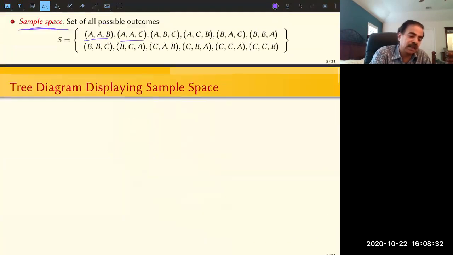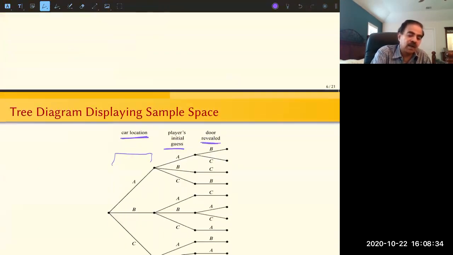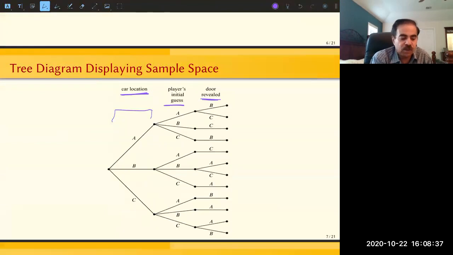So again, there are three variables here, and we are going to show that as a tree so that we can systematically reason through all the possible options, okay? So for instance, this particular path in the tree says that the car is behind door A. The player initially guesses door A, and the host opens door B, okay?